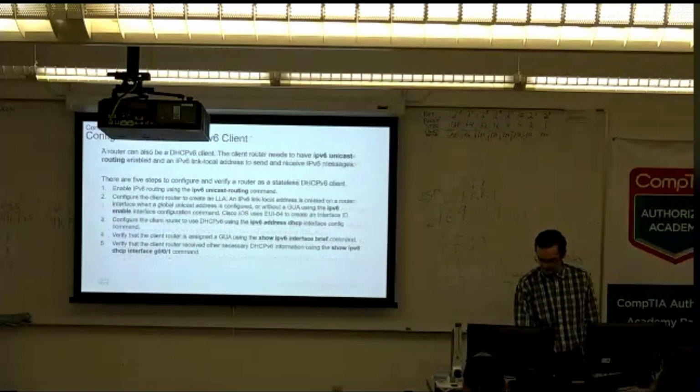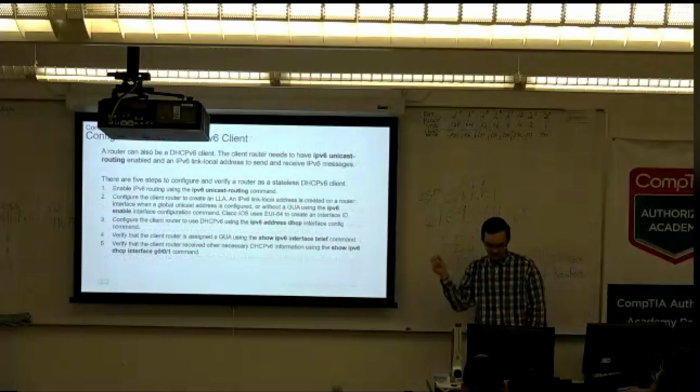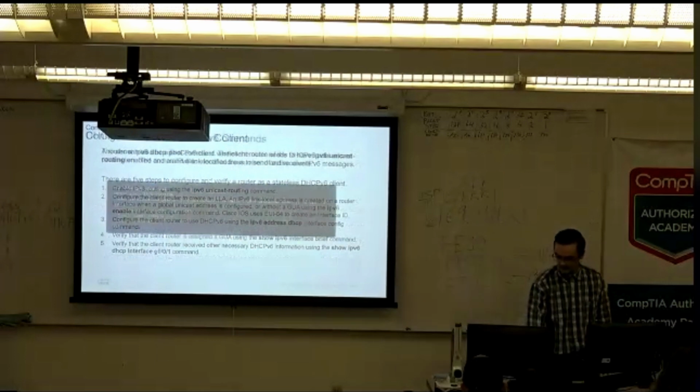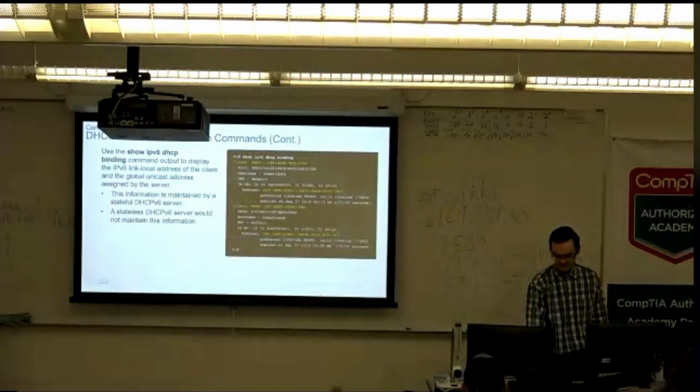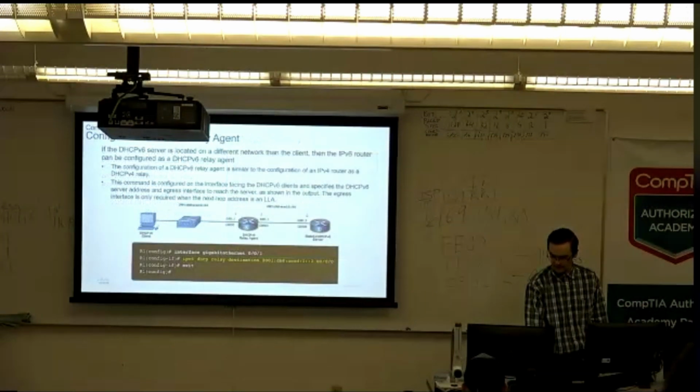So those are those commands. All right, configure as a DHCP client, we just saw DHCP instead of autoconfig. Verification commands, use them. Show IPv6 DHCP. Use them when you do the lab.